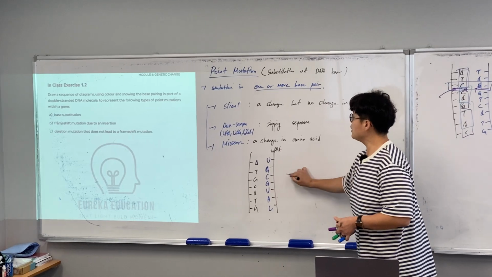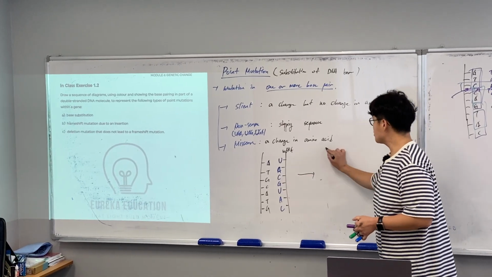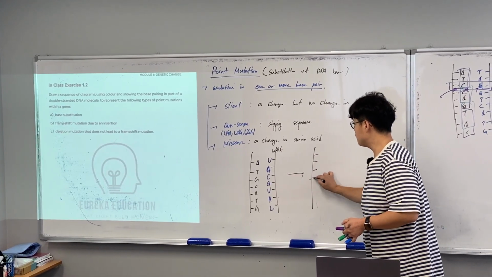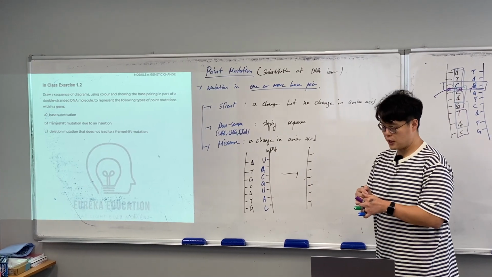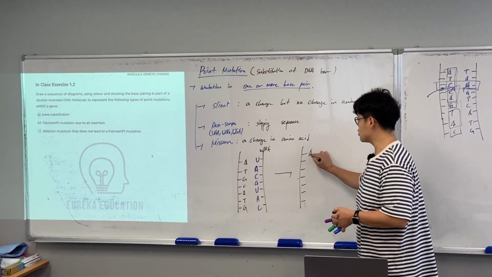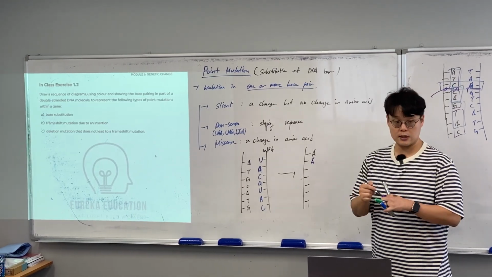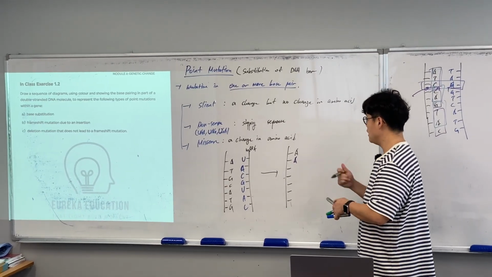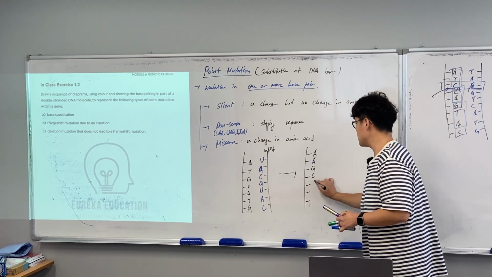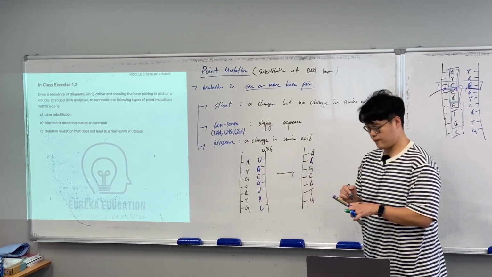Now going through the point mutations, you may show 1, 2, 3, 4, 5, 6, 7. One of those gets changed, only one, so I just choose T that changes to A here like this. This is a base substitution then. The remainder, G, C, A, T, G, would be the same.